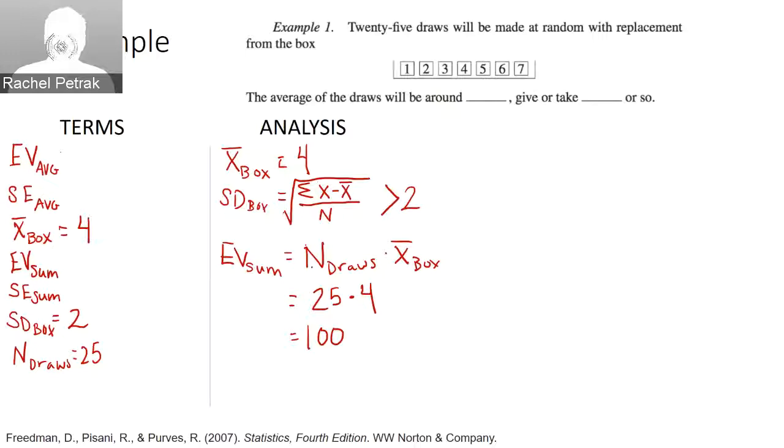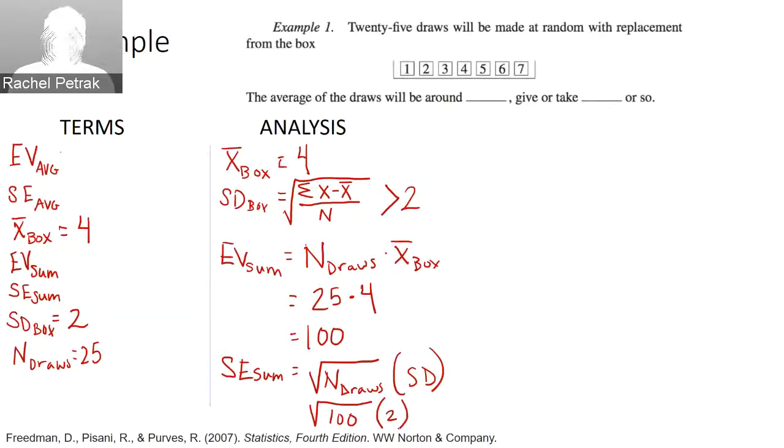If the SD of the box is 2, then the standard error for the sum is, as always, the square root of the number of draws times the SD, or the square root of 25 times 2. So it's 10.